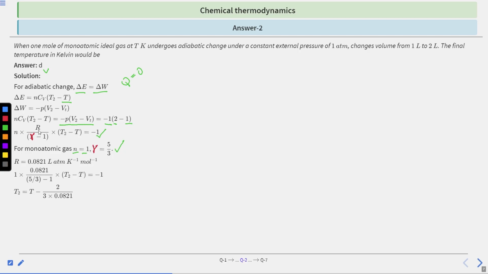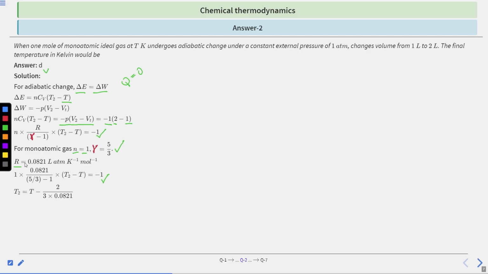On putting the value of gamma in this equation, and the R value, which is 0.0821 liter atmosphere per Kelvin per mole: n is 1, R is 0.0821 upon (5 by 3 minus 1), multiplied by (T2 minus T), and this is equal to minus 1.